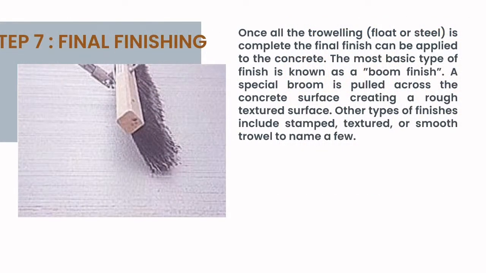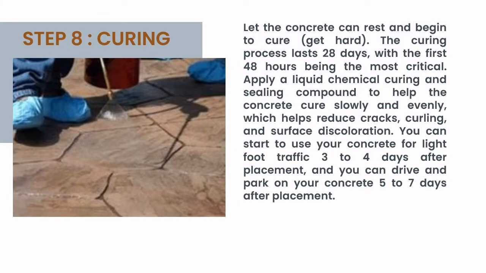Step 7. Final finishing. Once all the troweling, float or steel, is complete, the final finish can be applied to the concrete. Step 8. Curing. Let the concrete rest and begin to cure and harden. The curing process lasts 28 days, with the first 48 hours being the most critical.